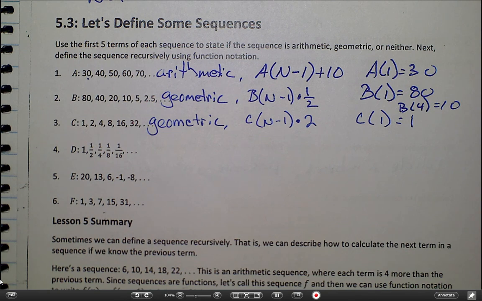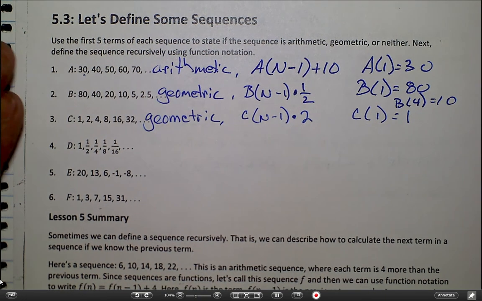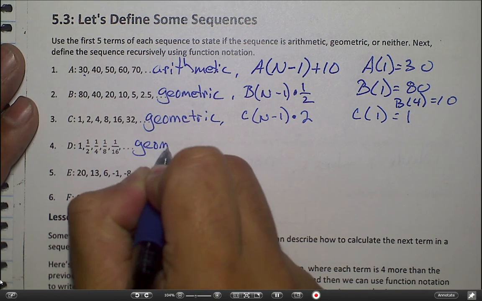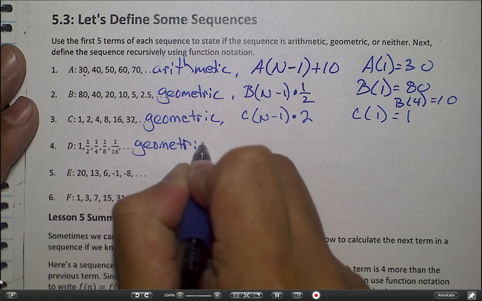So, yeah. So this is patterns. All right, so now let's take a look at 4. What do we think 4 is? Geometric? Okay, 2 times 1 half, or is it minus 1 half?